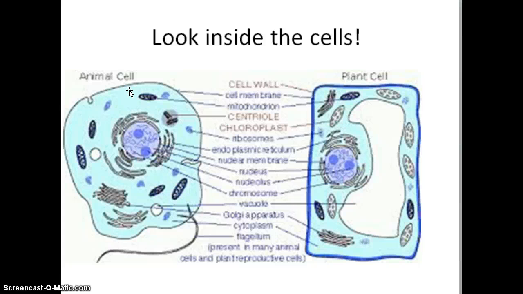We see there are many organelles that the two cells have in common. If we look at our animal cell, we see this animal cell in particular has a flagellum. Now, not all animal cells have flagellum, only some do. Many animal cells contain flagellum, and our flagellum looks a little bit like a tail. It's a whip-like organelle, and it enables the cell to move.